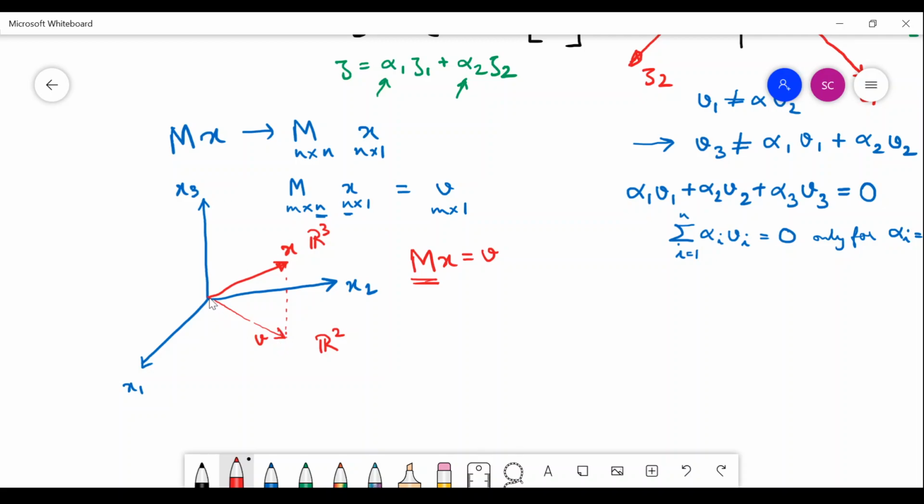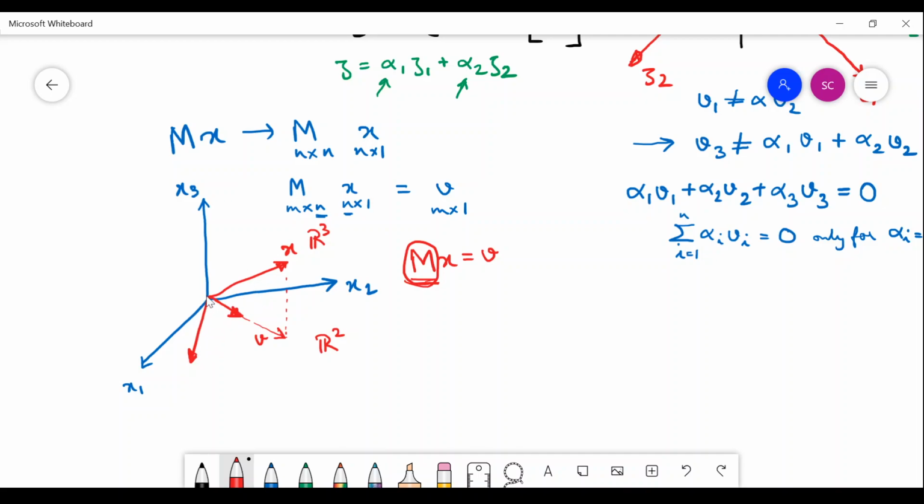However, this could be some different also. It could be a very small vector, something like this you may get, or you may get a longer one, or you may even get it somewhere here. That is also possible. It depends on what your matrix is. But one thing is certain, that you will come to the x1 x2 plane, the two-dimensional plane.